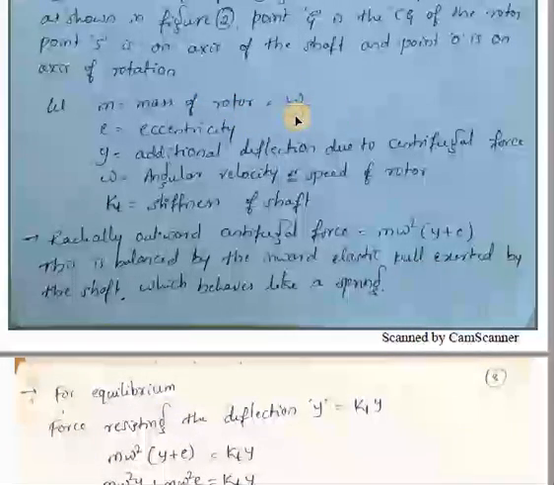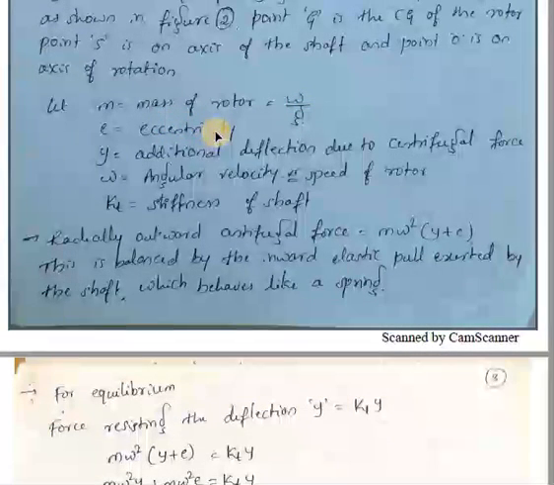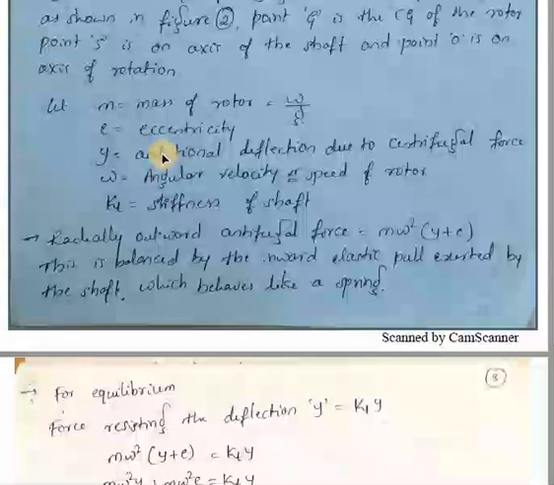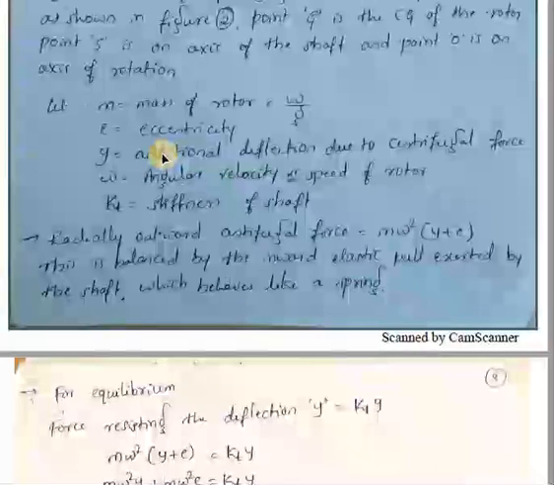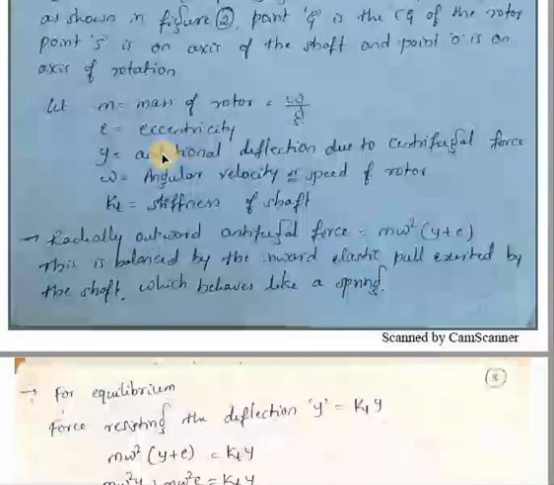Let m be the mass of the rotor, which is given by W by g, e is the eccentricity, y is the additional deflection due to centrifugal force, omega is the angular velocity or speed of the rotor, and Kt is the stiffness of the shaft.